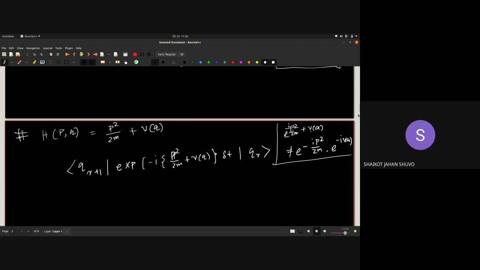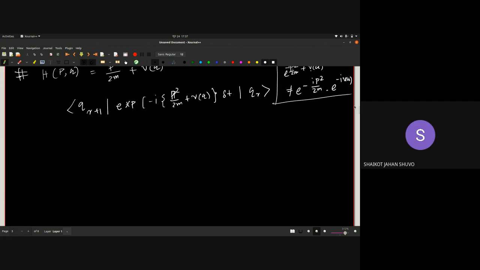And this is where the Baker-Campbell-Hausdorff formula comes to the rescue in some sense. Are you guys familiar with the BCH formula? Yes. Okay, that's great. So we are going to take a slightly modified version of that.